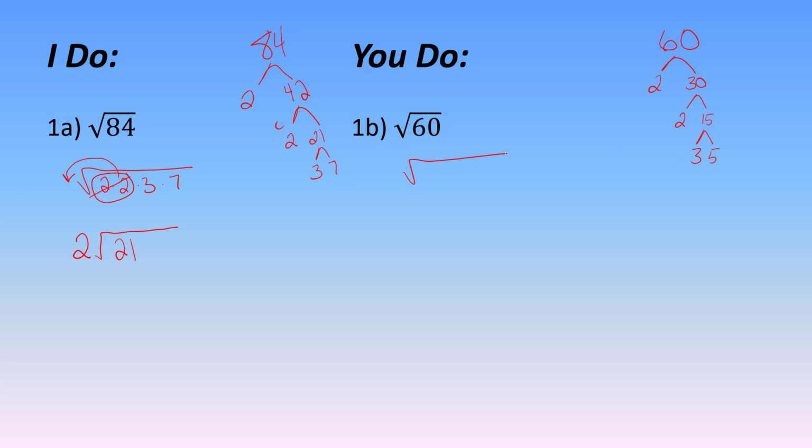So we have the square root of 2 times 2 times 3 times 5. Pair of 2's simplify out. 3 times 5 becomes 15.